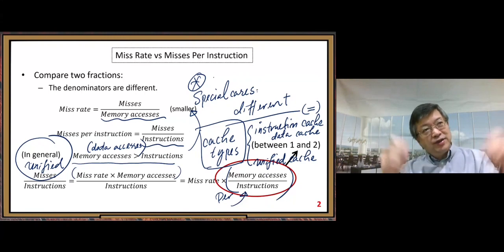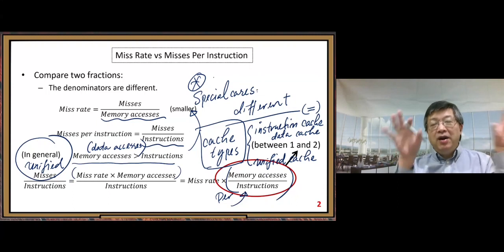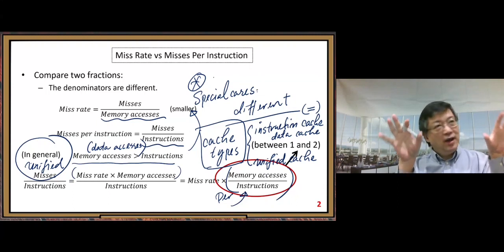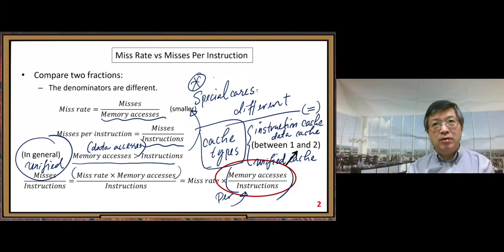First, do not get confused by these two concepts. Second, they are related. Now there is a common problem when you work on exercise questions. Sometimes I give you miss rate.